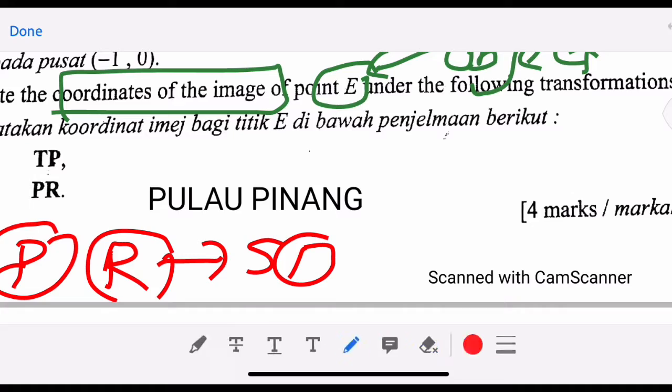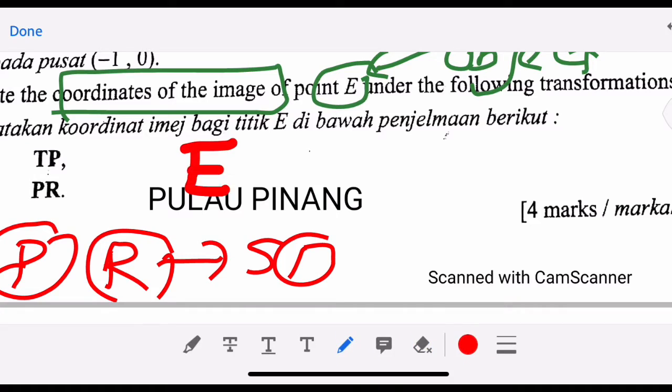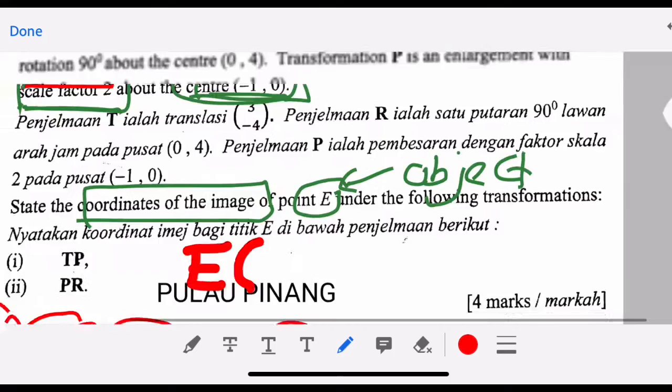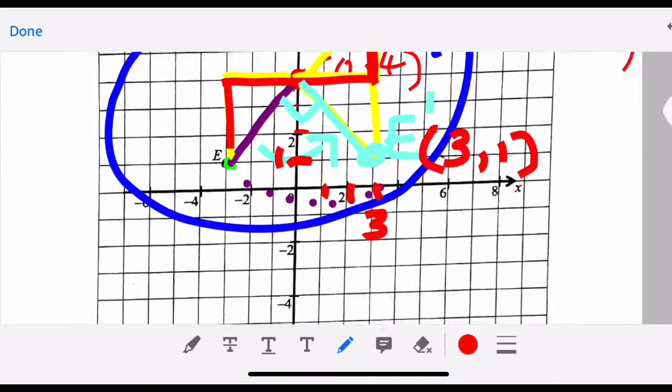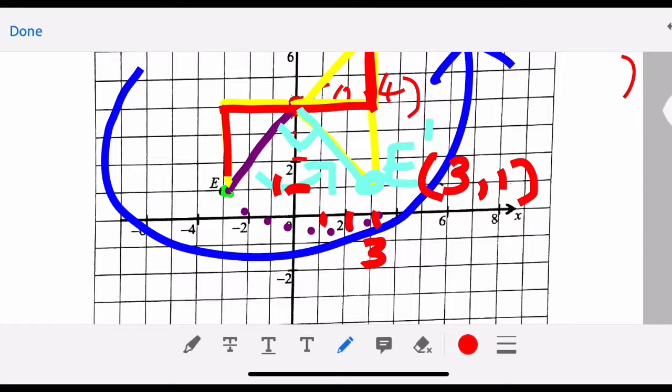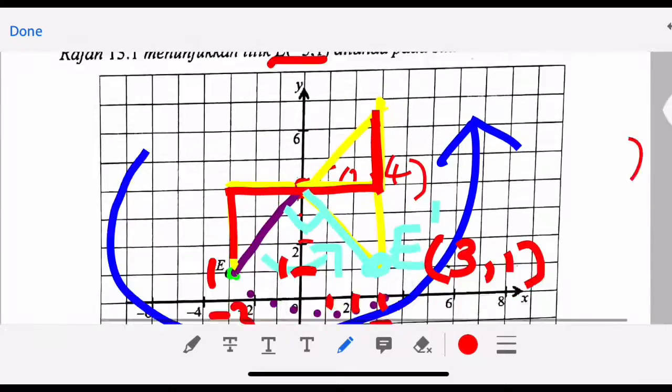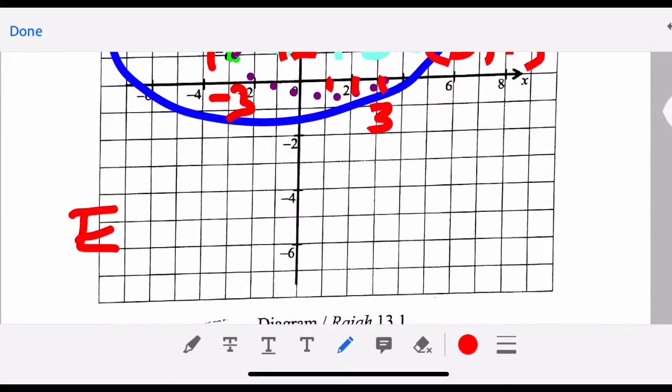We can write the object first. Where's our object? Our object is at negative 3, 1 here, right? Point E is negative 3, 1. Let's write down here: E, negative 3, 1.